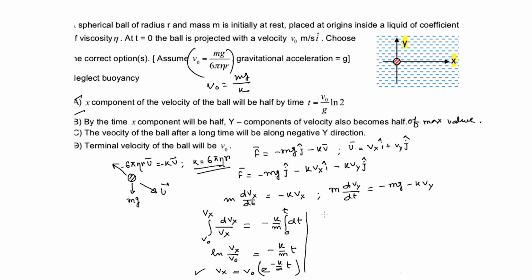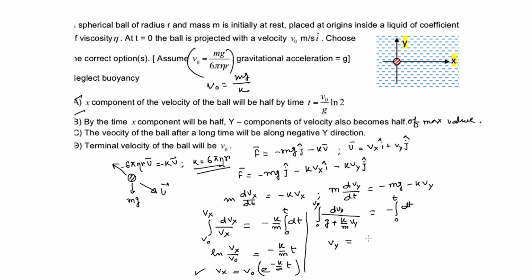Similarly, we can integrate the equation to find vy. Dividing by m on this side, dvy by (g plus k by m vy) is equal to minus dt. If I integrate it, at t equal to 0 the velocity along y is 0, and after some time it is vy. I'm writing the result directly, you can solve it by yourself.